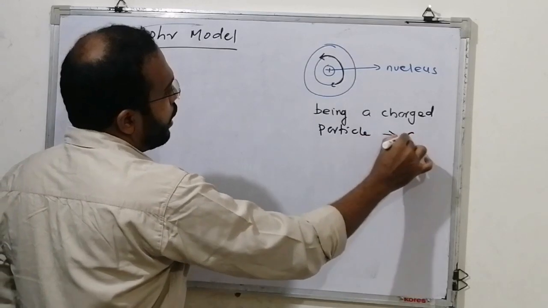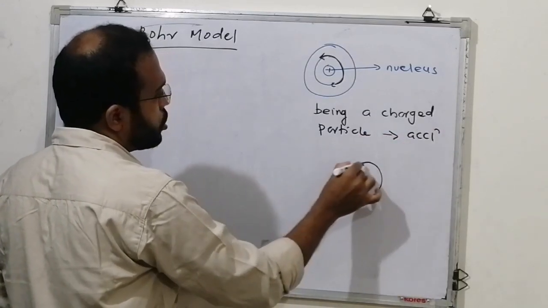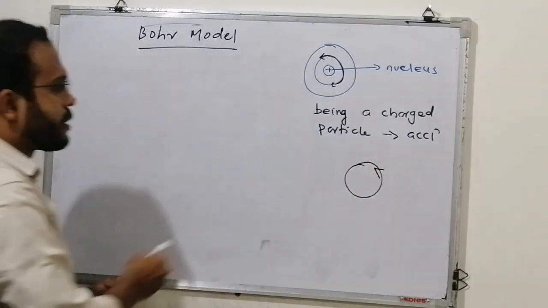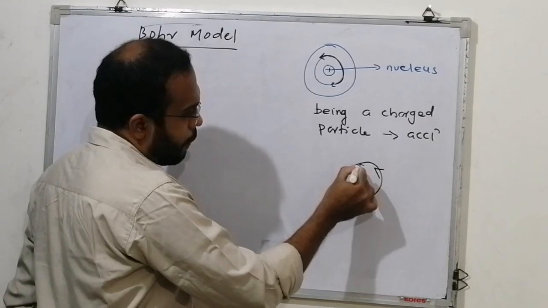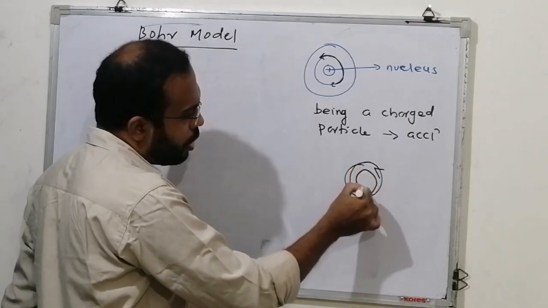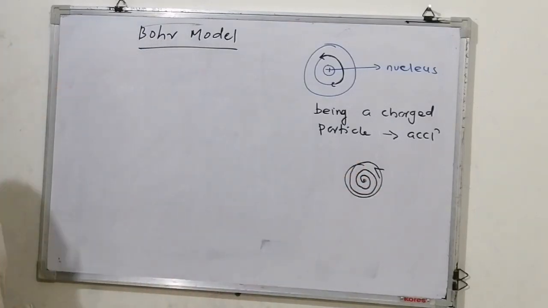There will be an acceleration due to the circular movement of electrons, and because of this acceleration, electrons lose energy and have a spiral movement, finally ending up in the nucleus.